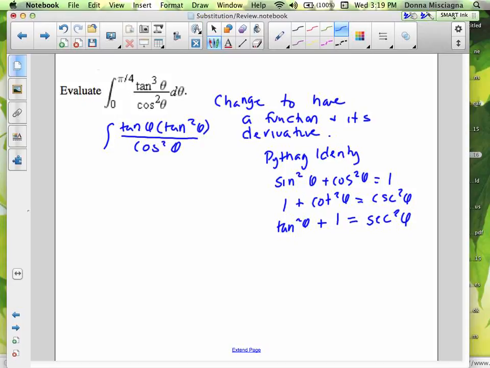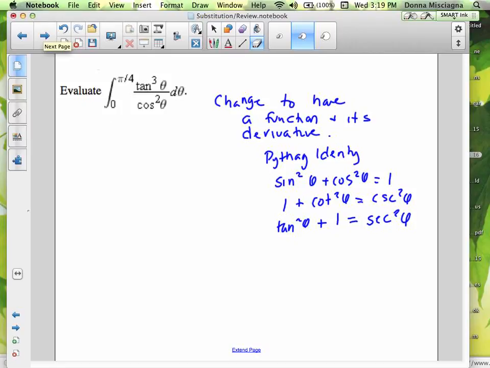Wait, 1 over cosine is secant, isn't it? Yes. So we have a secant and a tangent. You know what? Let's separate those. Actually, we don't need to break up the tangent. Yeah, we leave it. Very good.